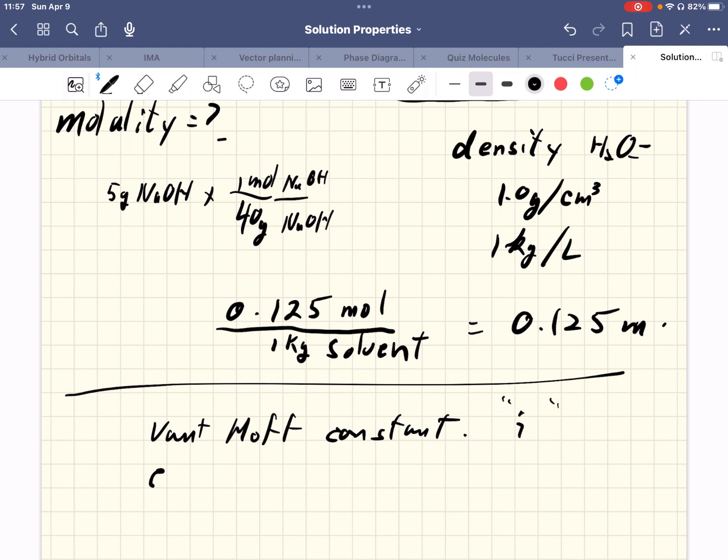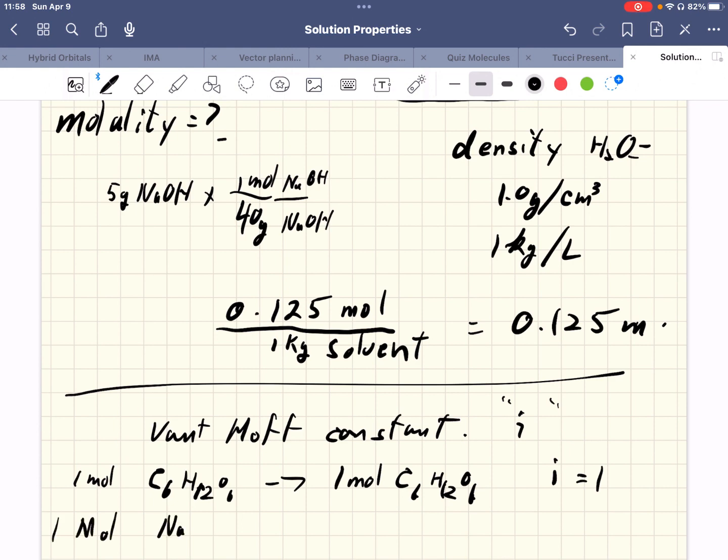So for example, if I have 1 mole of C6H12O6 glucose and I dissolve that in aqueous solution, I get 1 mole of dissolved C6H12O6. And so the Van 't Hoff constant is equal to 1. It's a 1-to-1 ratio. If I have 1 mole of sodium chloride and I dissolve that in water, I get 1 mole of Na plus and a mole of Cl minus. And so the Van 't Hoff constant in this case is 2.